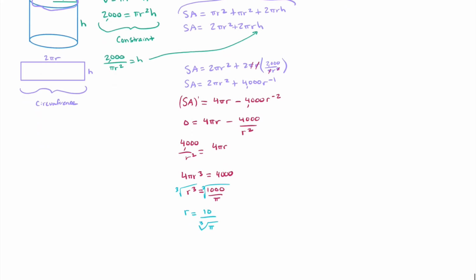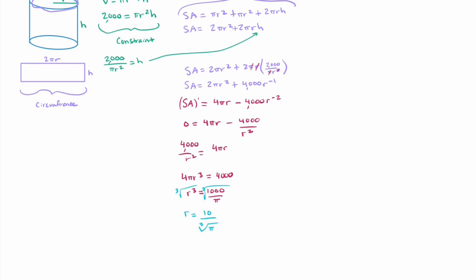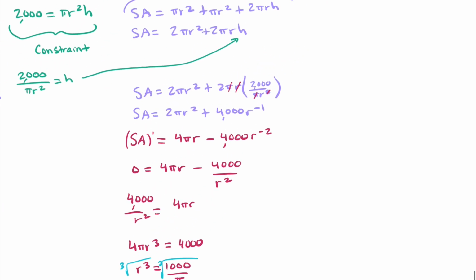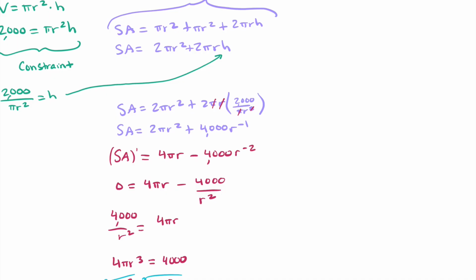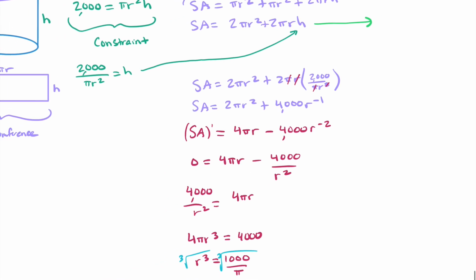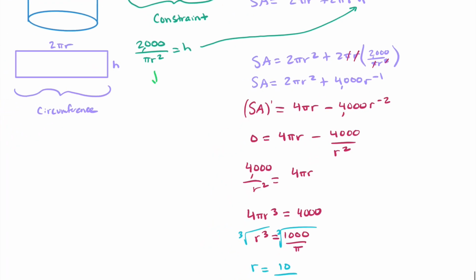So we also need to know what my height is going to be. So we need to find the surface area function. Excuse me. We're going to have to find that. Where am I right here? Oh, no, you know what? We can take this function and find our height. So 2,000 over pi r squared is going to be 10 over the cubic root of pi squared.